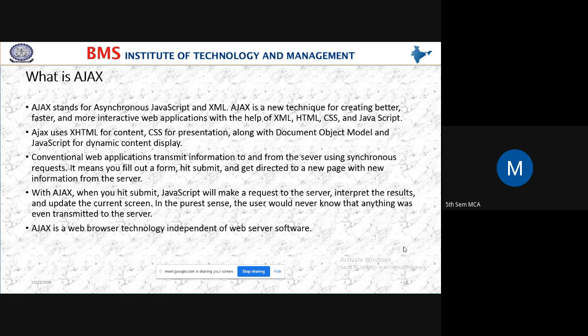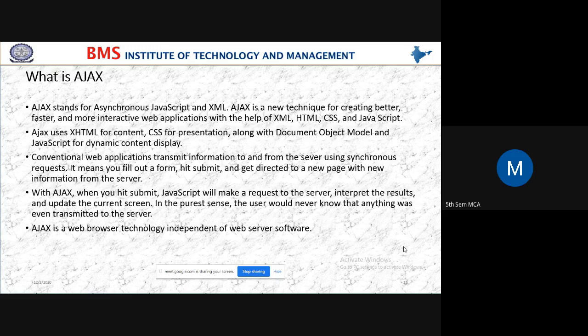Using HTML also you can develop a web application. Using ASP.NET also you can develop a web application. But AJAX is a new technology for creating faster, more interactive web applications with the help of XML, HTML, CSS, and JavaScript. AJAX uses XHTML for content, CSS for presentation.